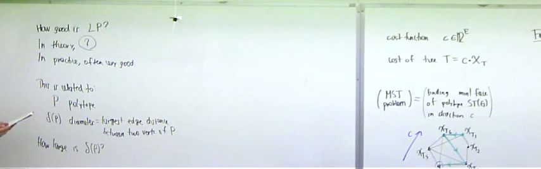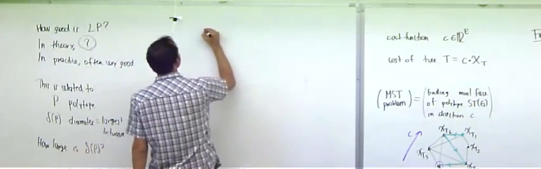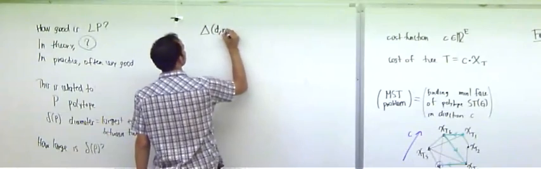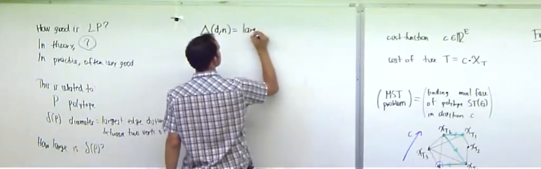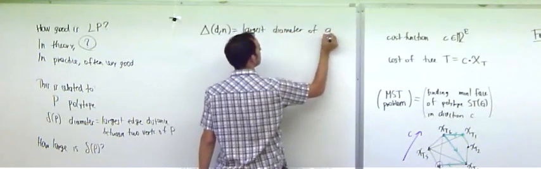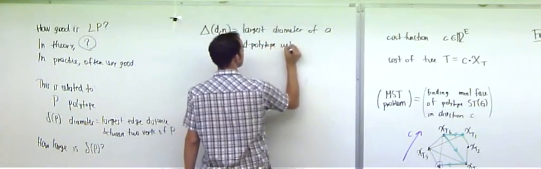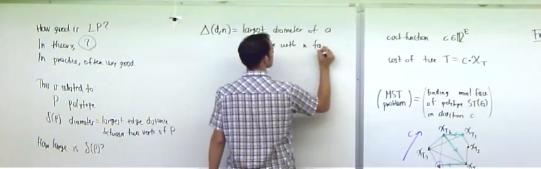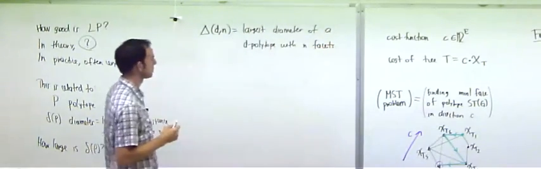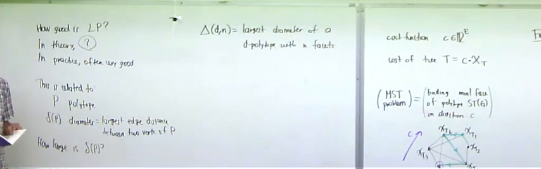Of course, this answer depends on P, so let's fix some parameters. The way that people normally do this is that they define this number delta D of n to be the largest diameter of a D polytope with n facets. Out of all the polytopes that live in D dimensions and have n facets, what's the largest possible diameter that you see?